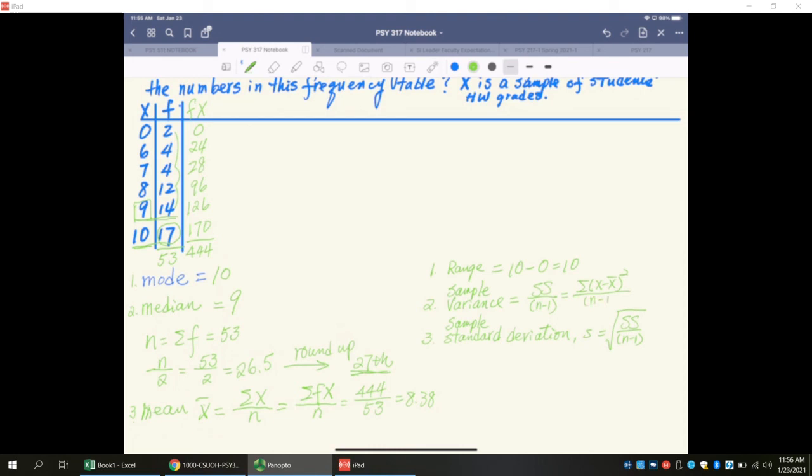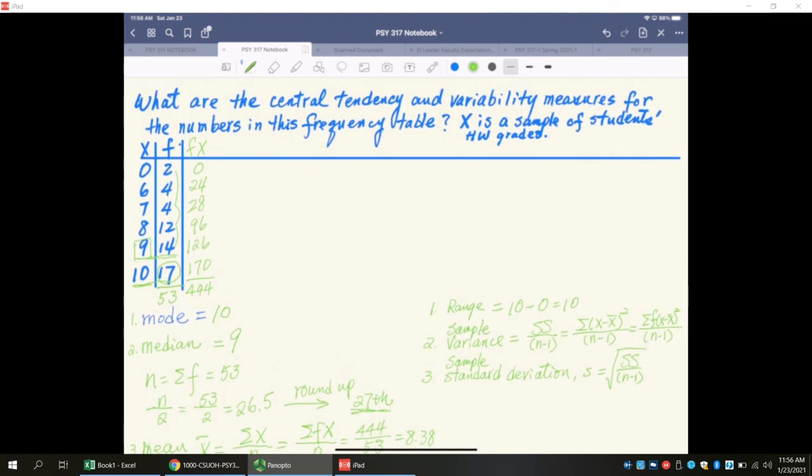summation of x minus x bar squared. See, this is another summation sign on the frequency table. It would need to consider the impact of frequency. So put frequency there before everything else. So summation frequency times x minus x bar, parentheses, squared. That's where all the frequency goes when you have to consider the impact of frequency.